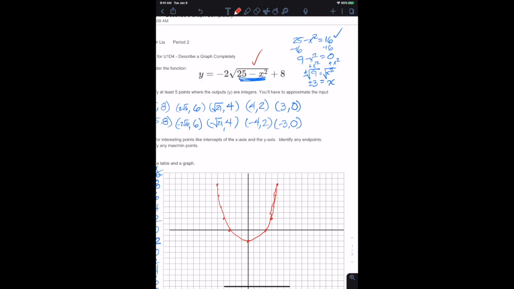But wait a sec. We can't do a square root of a number and get something negative. So notice what we can't do. And we should just write this down. Can't have x less than -5 or x greater than 5.